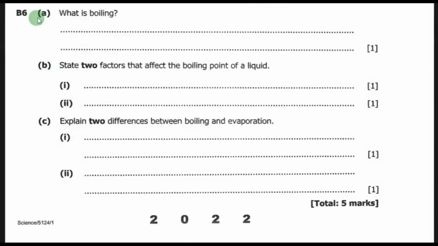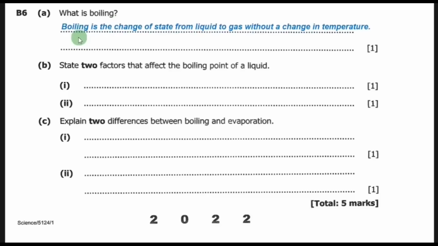Question B6A says, what is boiling? So guys, boiling is the change of state from liquid to gas without a change in temperature. This definition doesn't really make sense to someone who is not sure, but what you should know is that whenever there is change of state, temperature stays constant. That's what it means by without change in temperature. So I can also say boiling is the change of state from liquid to gas at constant temperature.